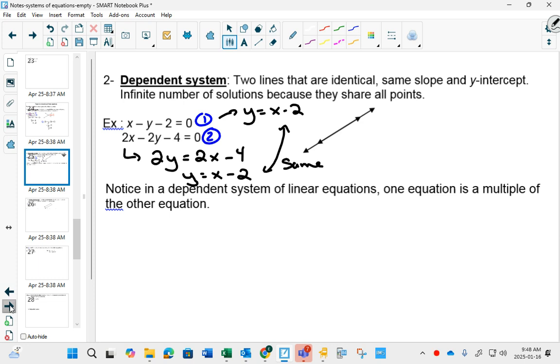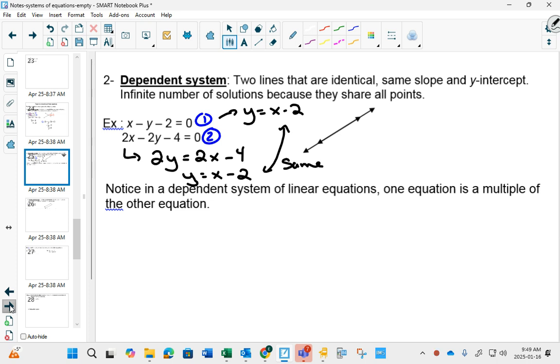So in this question, if I was solving it with substitution, how do we know that it makes a dependent system when we try that way? Well, you'll get a dependent system if you try to solve and everything goes away and you get something that's always true. So I'm going to show you what that looks like. I'm going to use substitution.